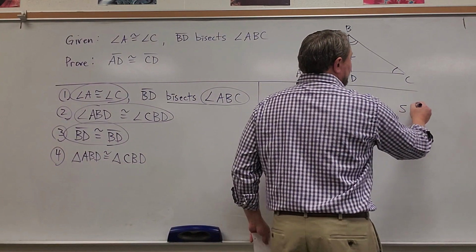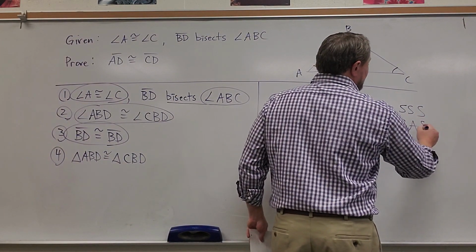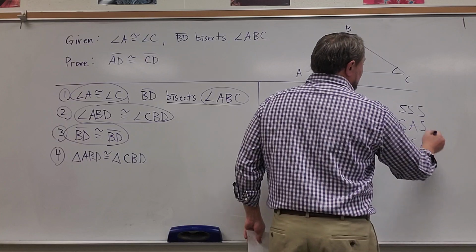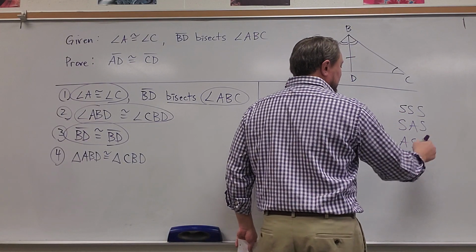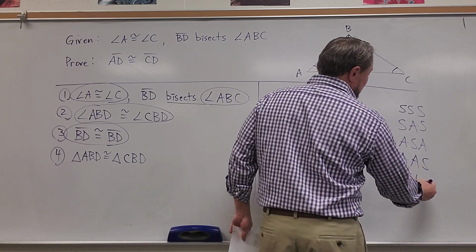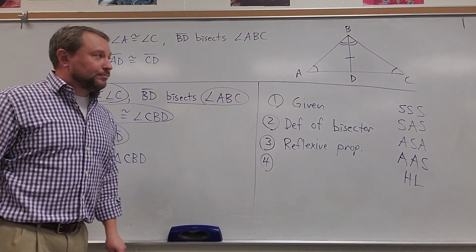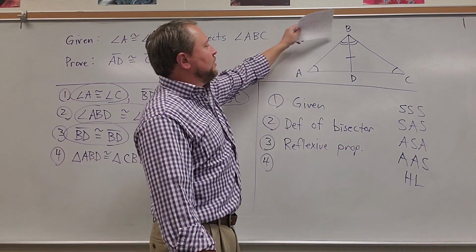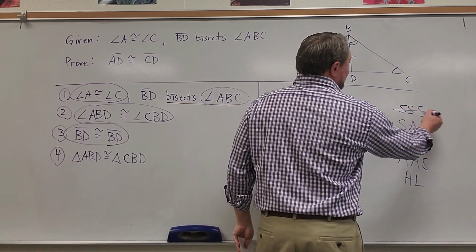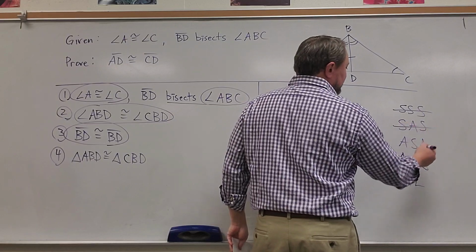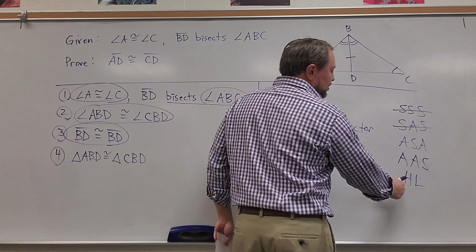Look at the picture to see how you know they're congruent. Remember, we have 5 different ways. There's SSS, SAS, ASA, AAS, and HL. Looking at our picture, I've got 2 angles on each triangle. So I could already rule out anything that's got 2 sides. I know it's not any of those, including HL.